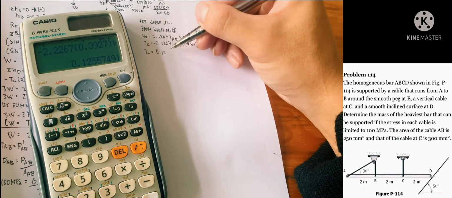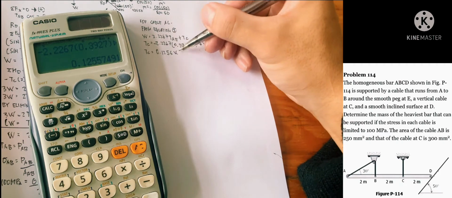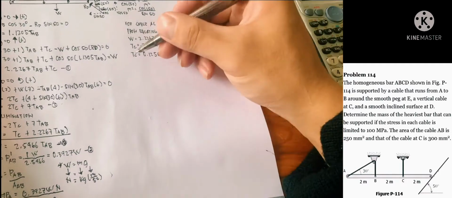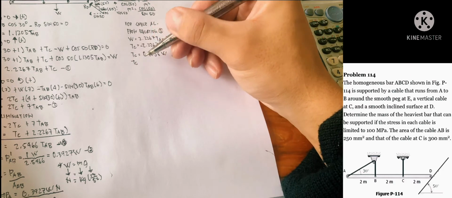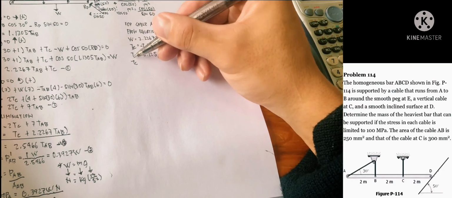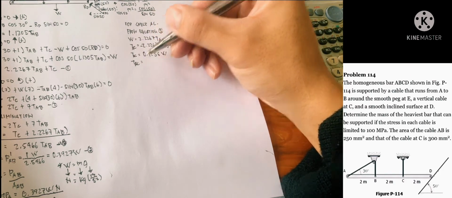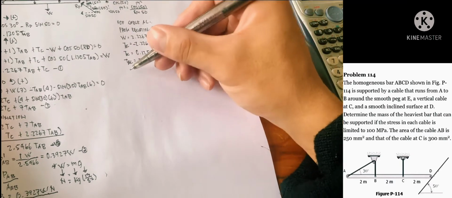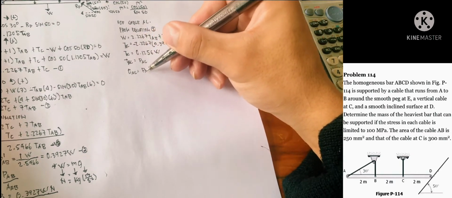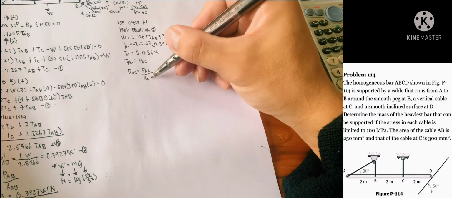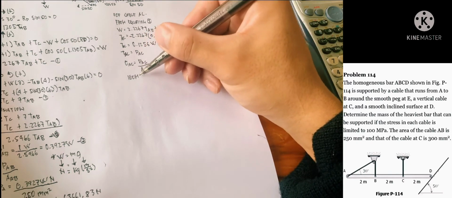Our value is 0.1256 of W. So the ratio of our tension AC with W is 0.1256.